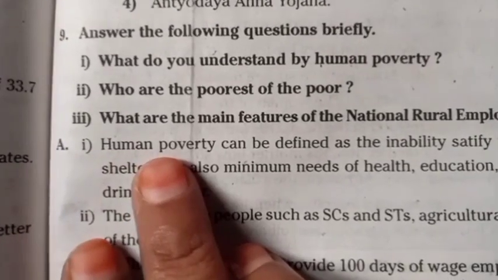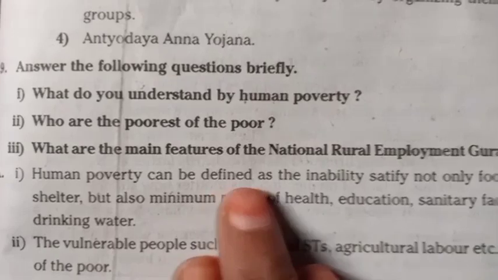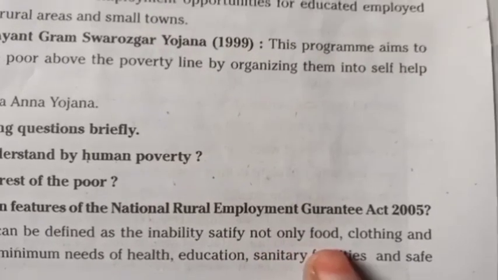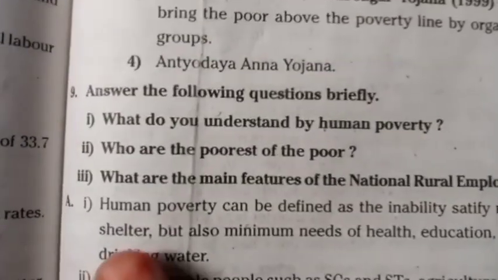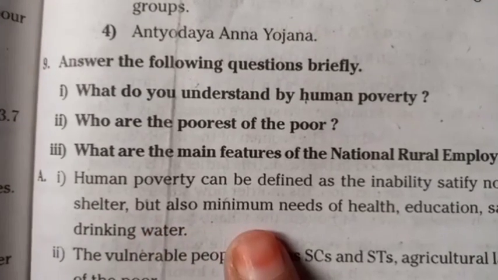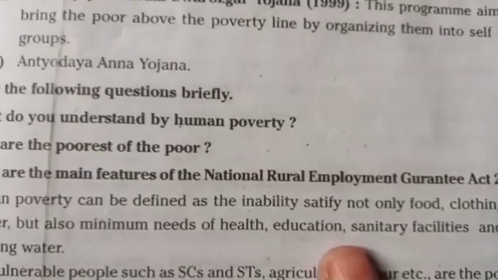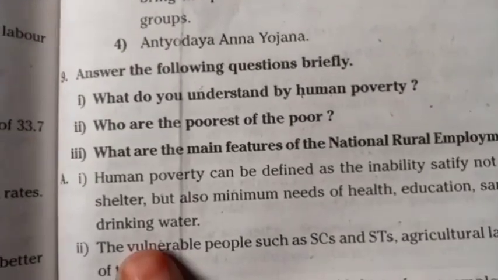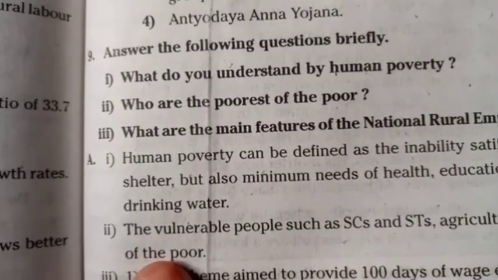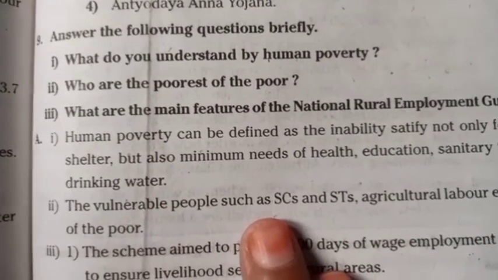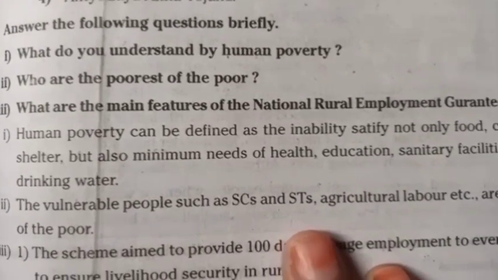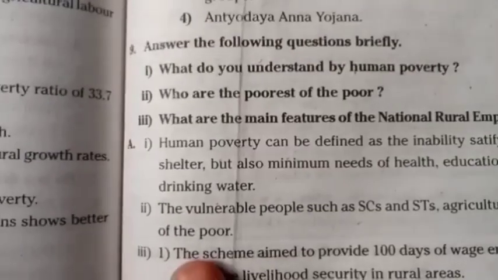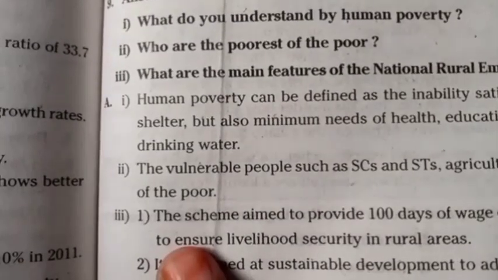Answer. 1. Human poverty can be defined as the inability to satisfy not only food, clothing, and shelter, but also minimum needs of health, education, sanitary facilities, and safe drinking water. 2. The vulnerable people such as SCs and STs, agricultural labor, etc. are the poorest of the poor. 3. 1.